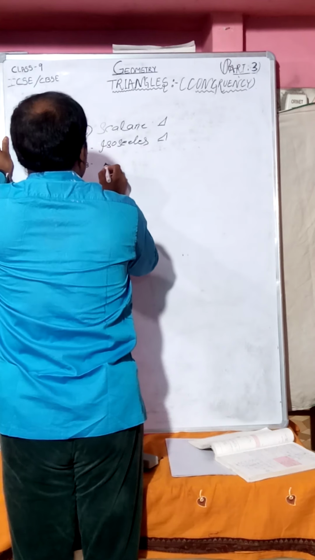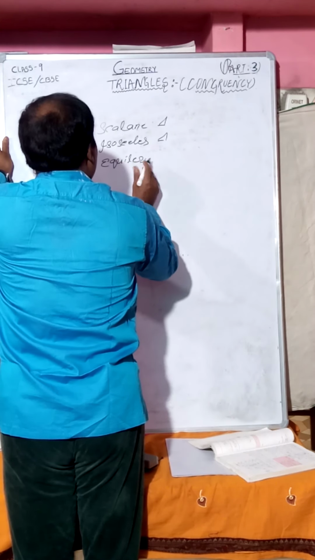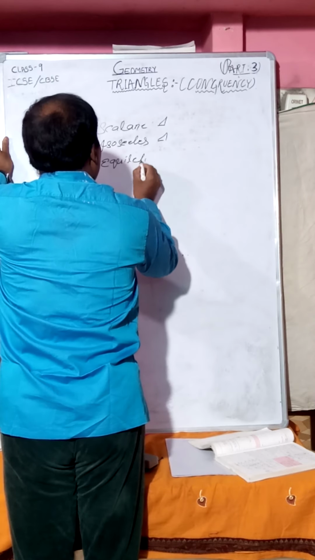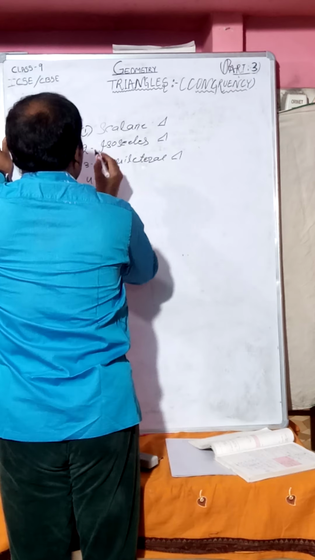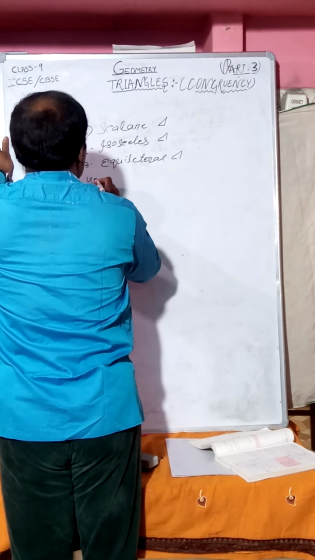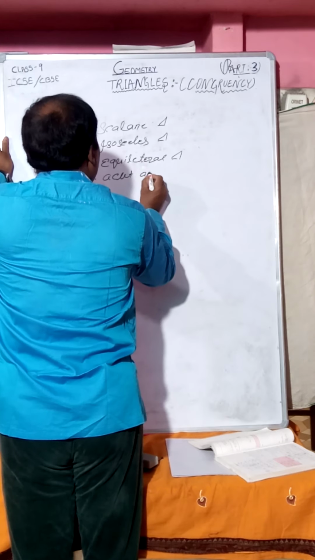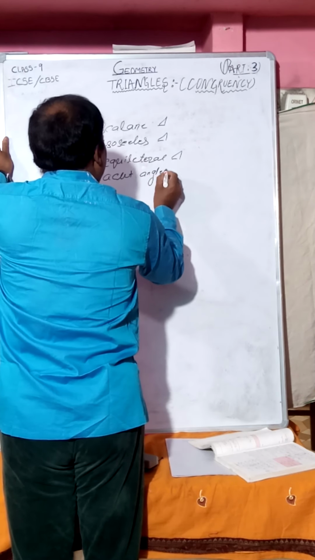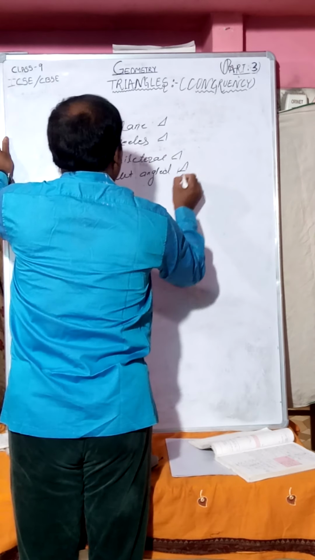Number 3, equilateral triangle. Number 4, acute angle triangle.